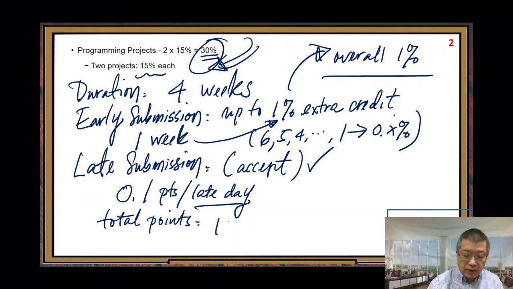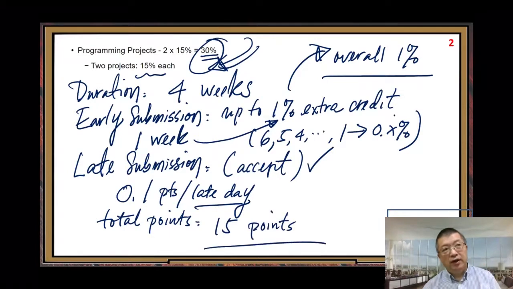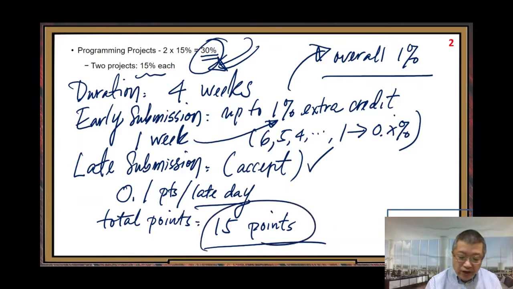So I just set 15 points for easy calculation. 1 point corresponds to 1%. So within 15% total points, 1 day is 0.1 points. So you get an idea how much the penalty is. Not very big, but you have to pay something, right?